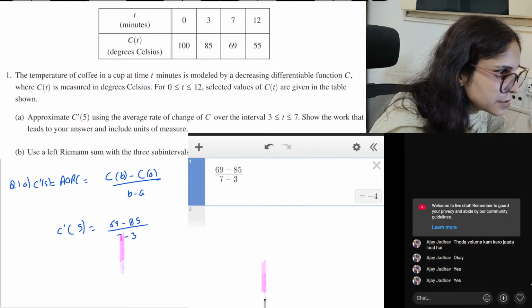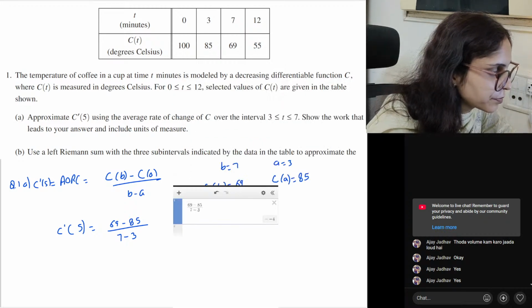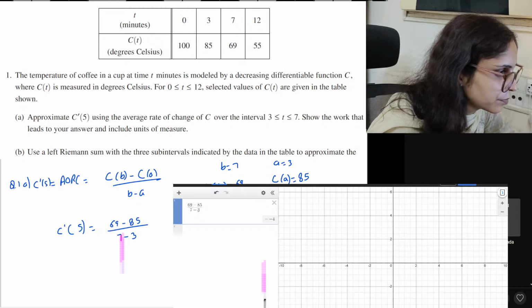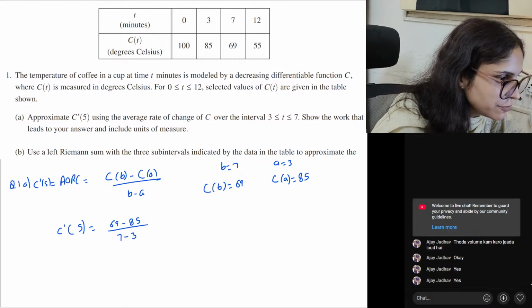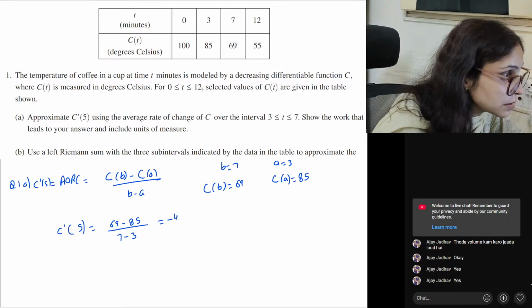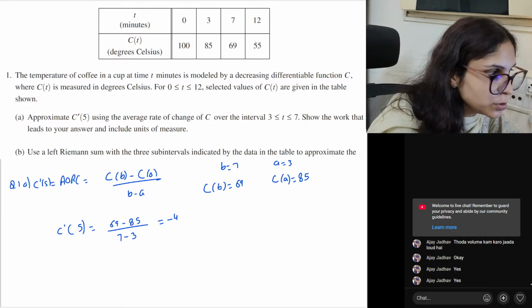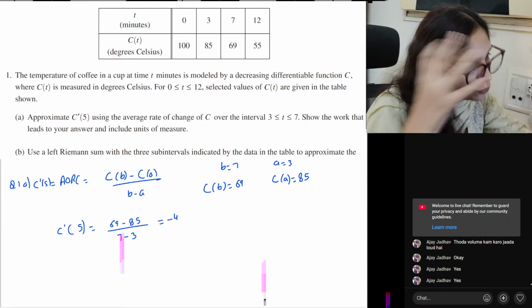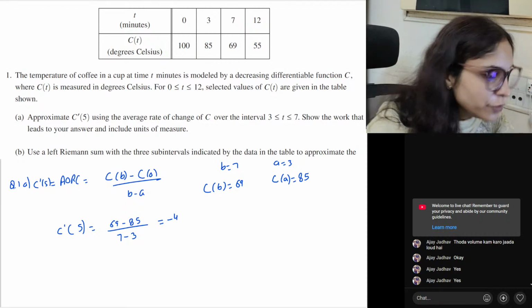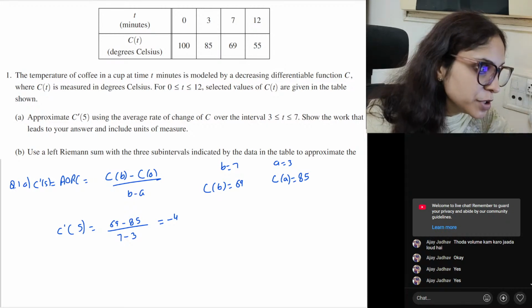Over here you can see it is negative 4. So C derivative of 5 is equal to negative 4. You also have to write the units because it is clearly mentioned in the question that you have to show the work that leads to your answer and include units of measure. If you do not include units of measure, then you will not get full marks. For C, the unit is degrees Celsius, and for C derivative, that is dC over dt, it will be degrees Celsius per minute.